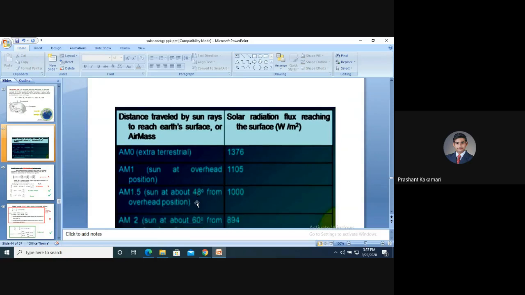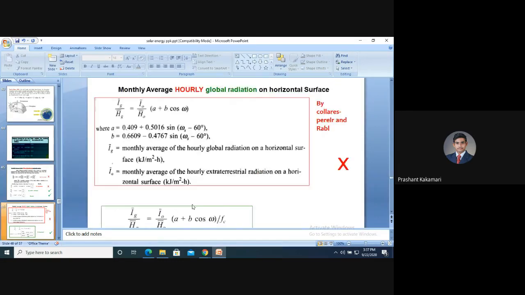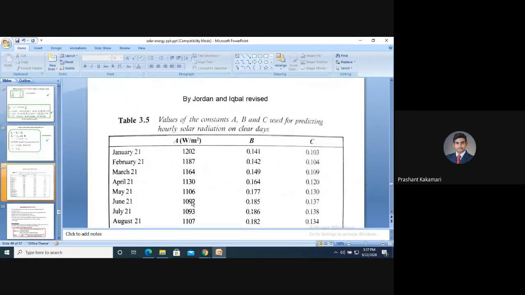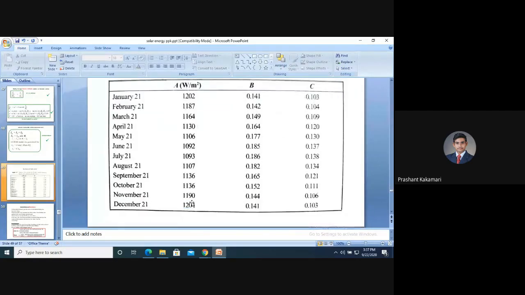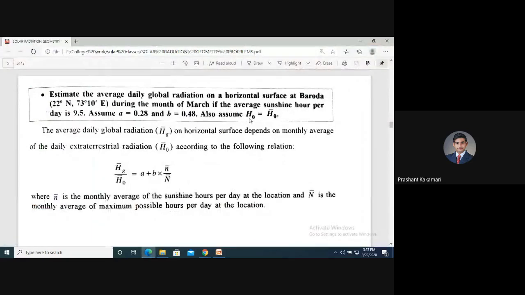For example, assume January had all 31 days as sunshine days without any clouds. In such cases, one of the researchers suggests that you can take the middle day of a given month and approximate that itself as the average. That's why in the problem you can assume H naught as H naught bar. H naught bar is the average, H naught is for the day.